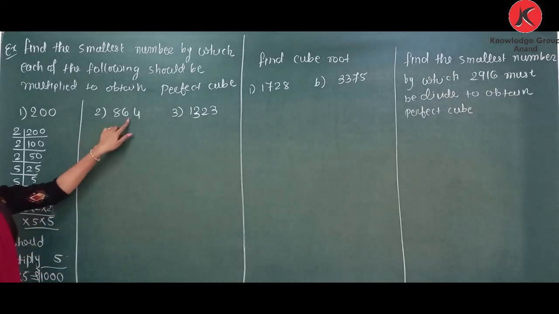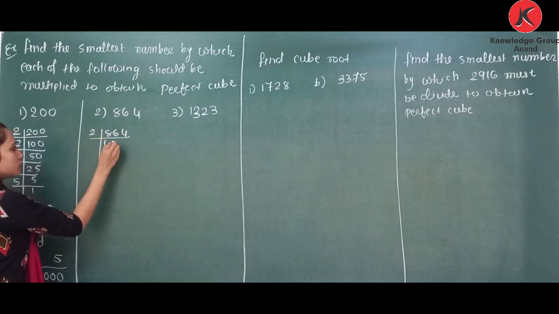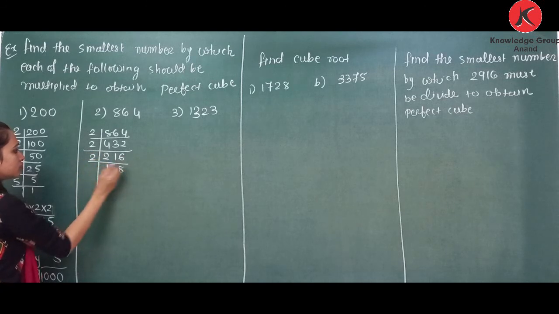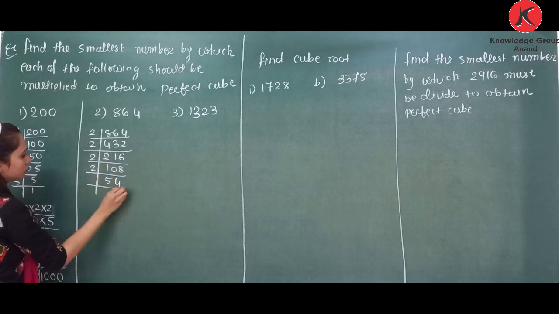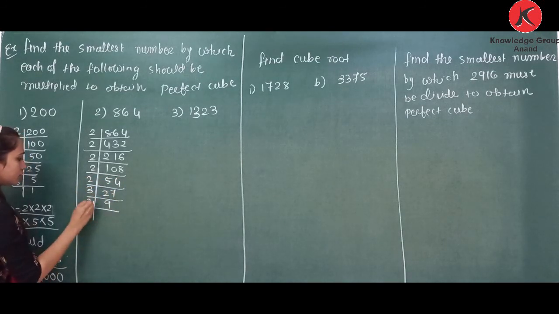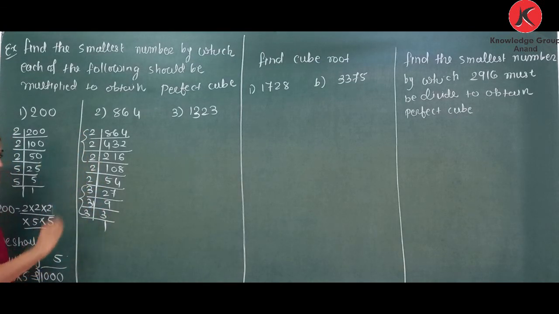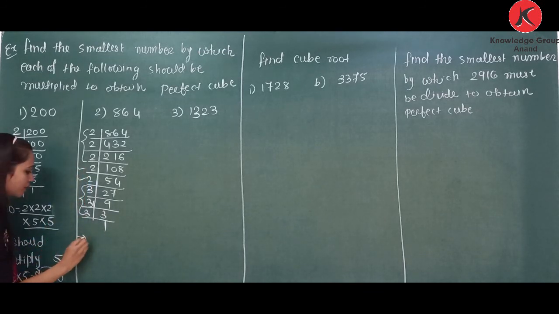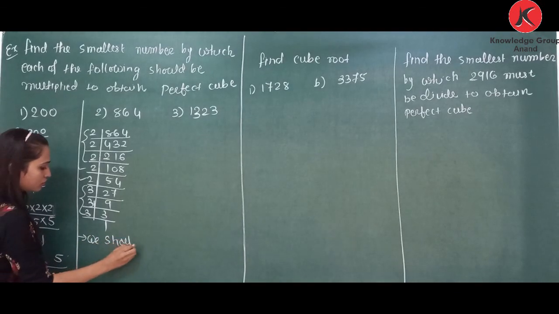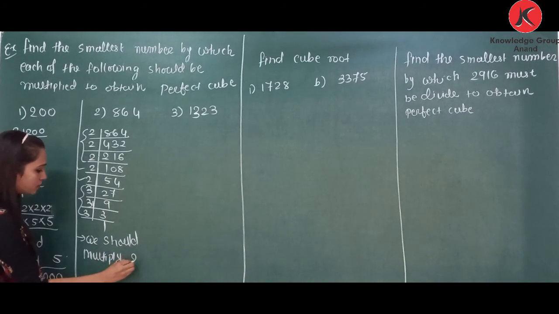Next one, 864. Let's find the factors of 864. Now 2 is in a group of 3, 3 is in a group of 3, but this is not in a group of 3. So which number should we multiply by? We should multiply by 2.